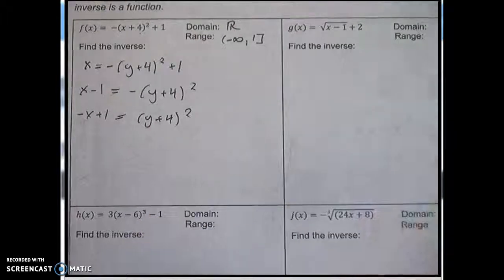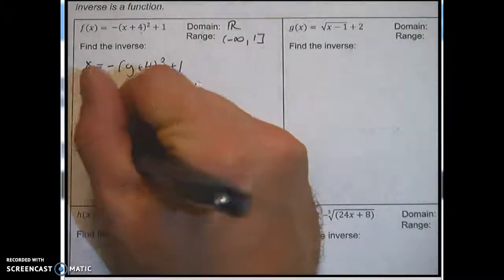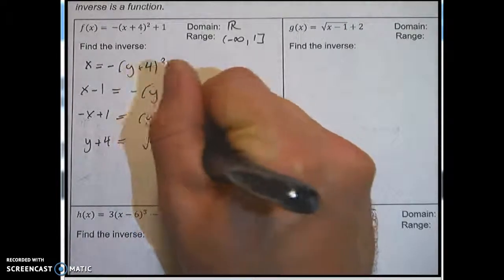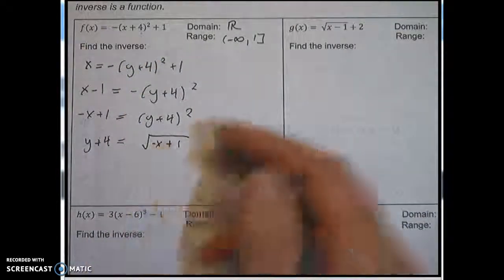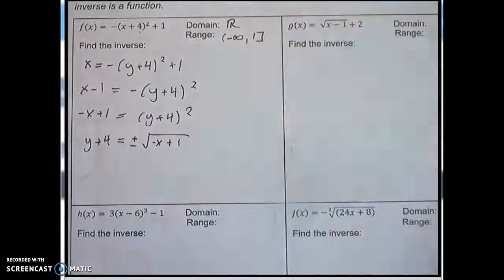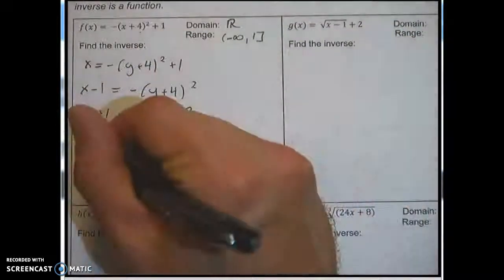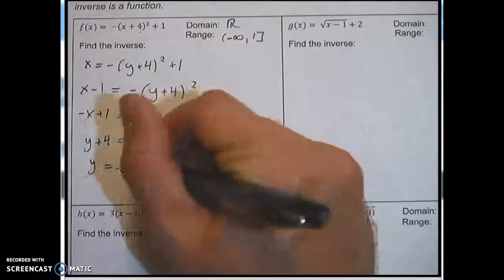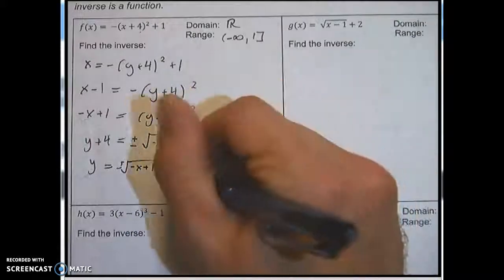To get rid of the square, take the square root of both sides. y plus 4 equals the square root of negative x plus 1. Don't forget, when you take a square root, you've always got the positive and negative solution. The last step here, subtract the 4. y equals plus or minus the square root of negative x plus 1, minus 4.